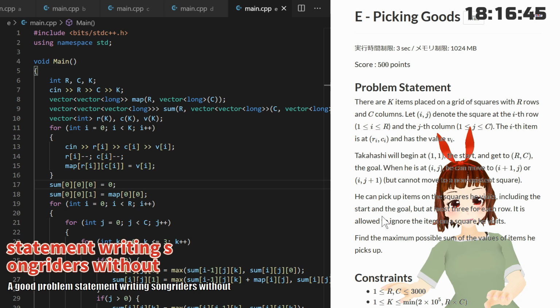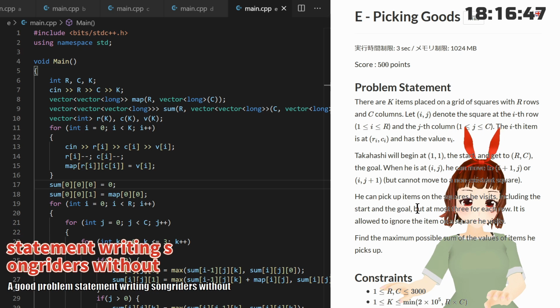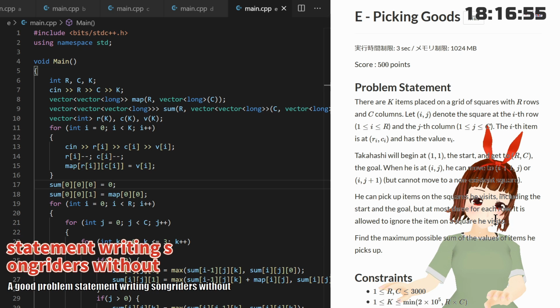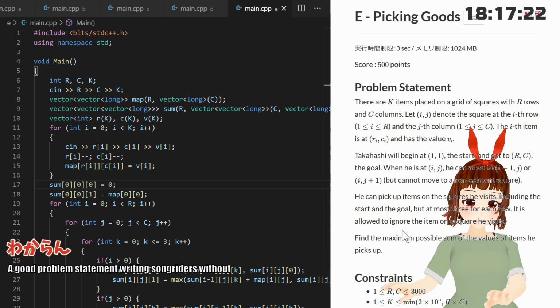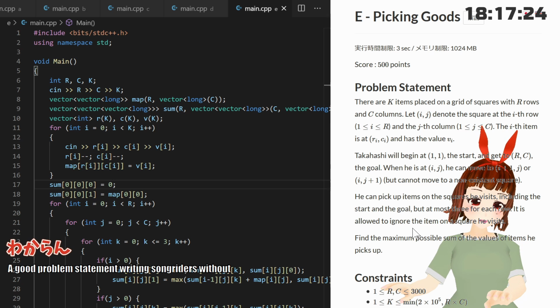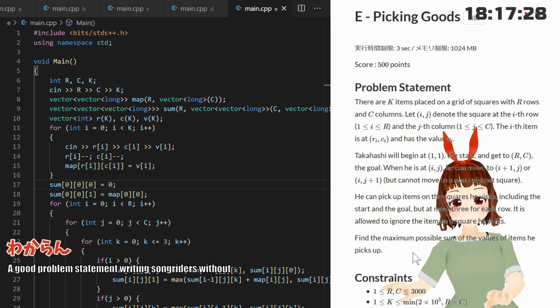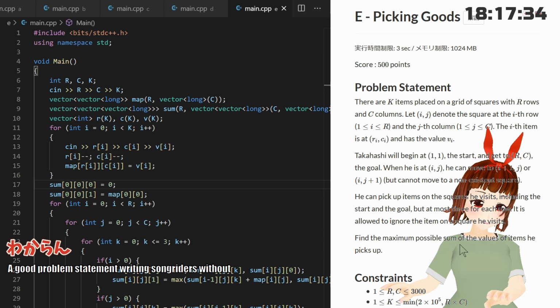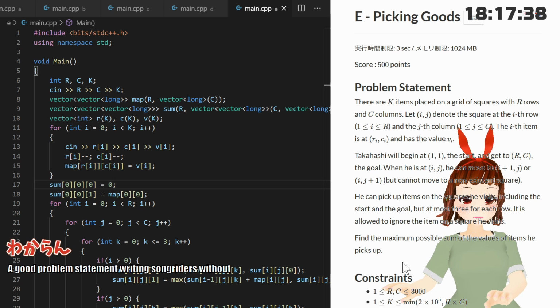He can pick up items on the squares he visits, including the start and the goal, but at most 3 for each row. It is allowed to ignore the item on a square he visits. Find the maximum possible sum of the values of items he picks up. That's how it goes.